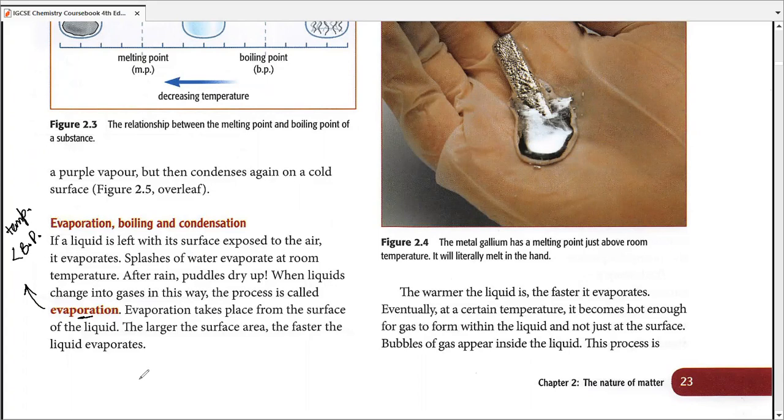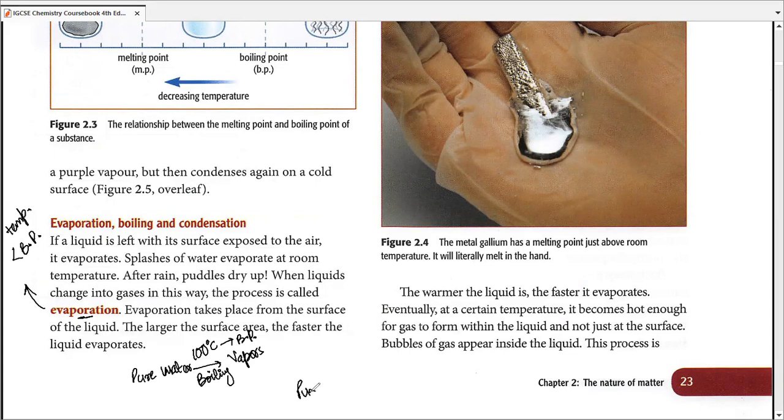So if pure water is converted into vapors at exactly 100 degrees centigrade, this would be known as boiling, since 100 degrees centigrade is the boiling point of water.